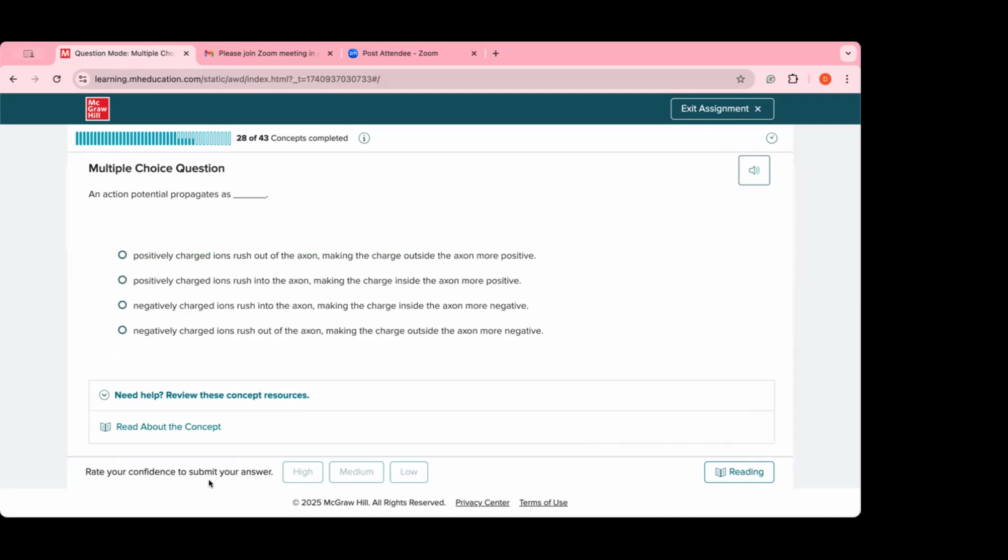An action potential propagates as, okay. Let's see. A continuous wave.